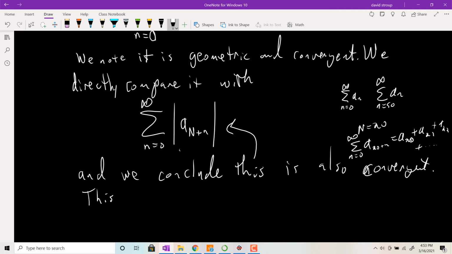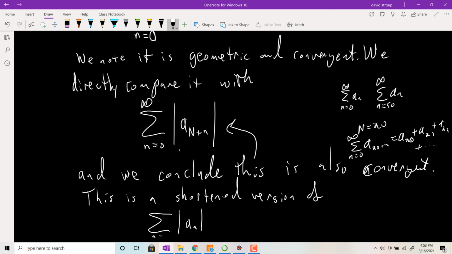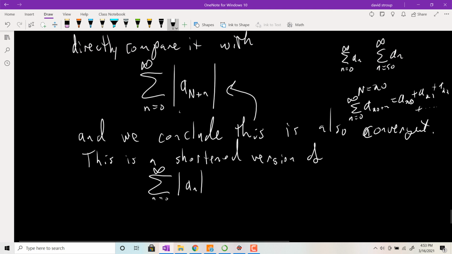This is a shortened version of the series absolute value a sub little n from n equals 0 to infinity, right? So from our previous work, we know that this is also convergent.